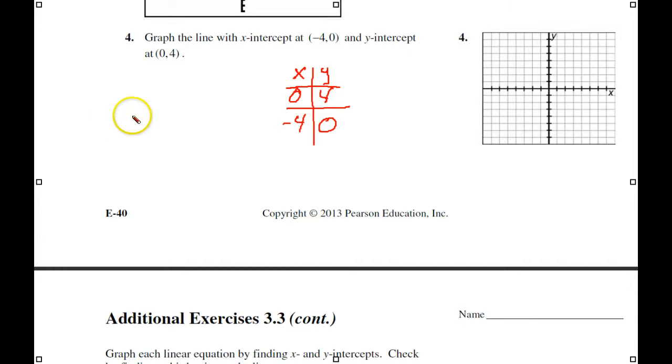Now we had already introduced the idea of the special t-chart that gave you your x and y-intercept. So we had done this already, so a nice little review. 1, 2, 3, 4. And then 1, 2, 3, 4.